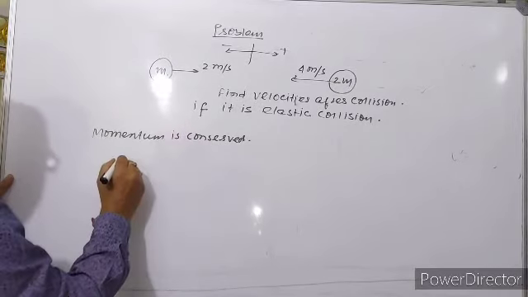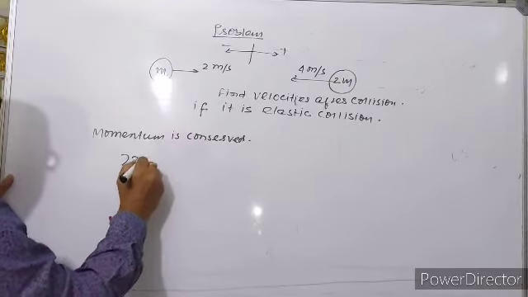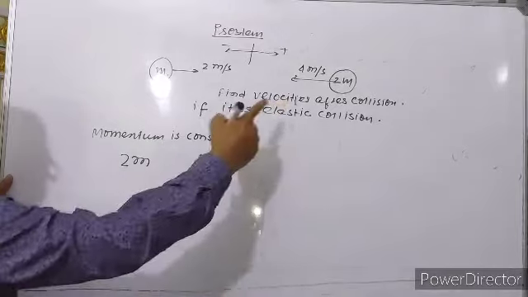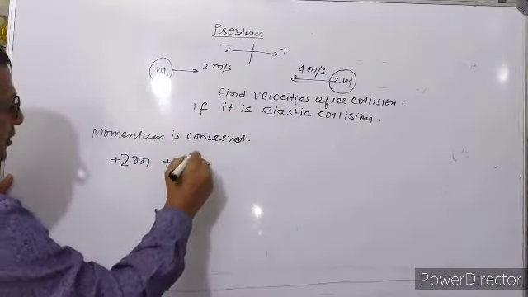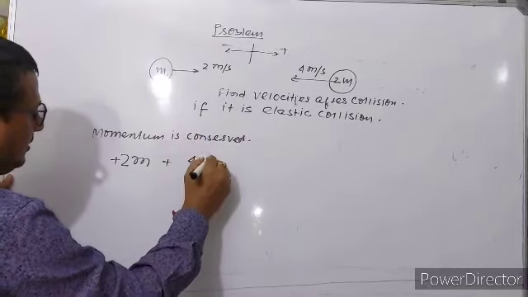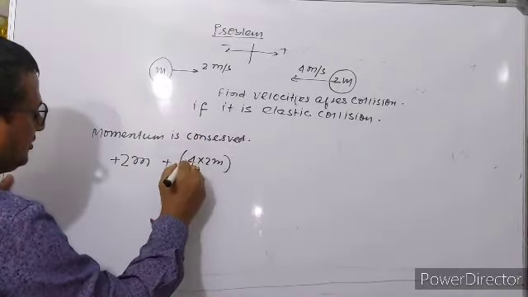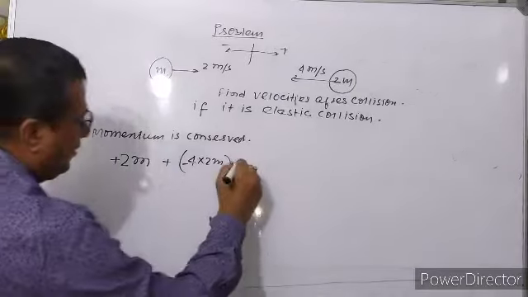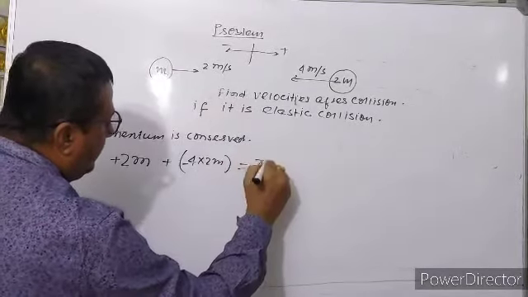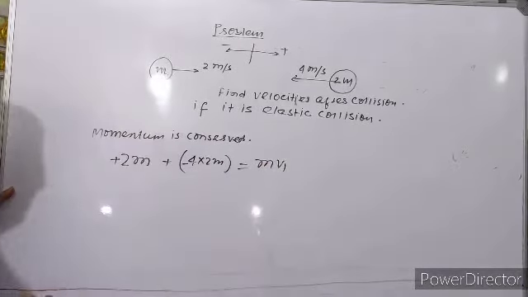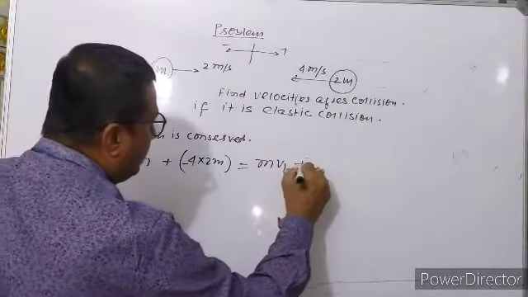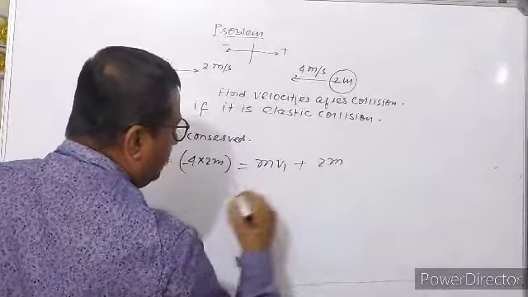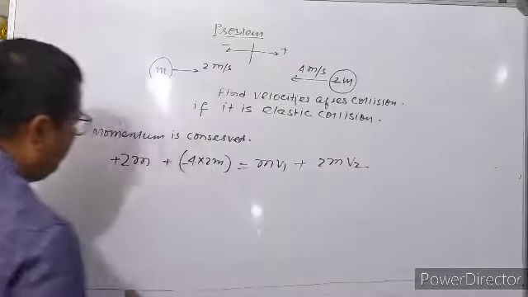Momentum before collision: m times 2, it is right, so it will be positive, plus 2m times 4, it is left, so it is negative. After collision m v1, we do not know what its direction is, plus 2m v2.